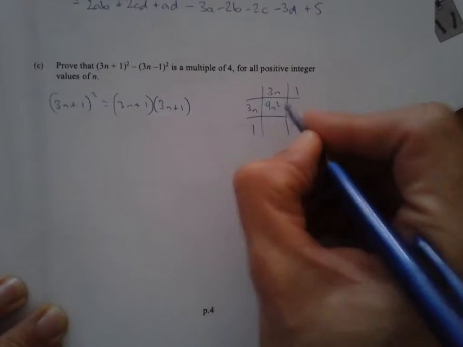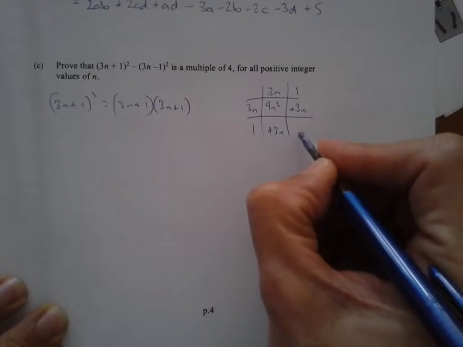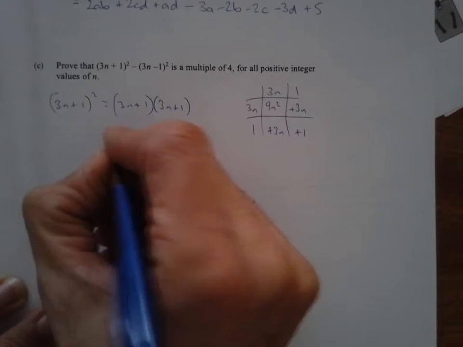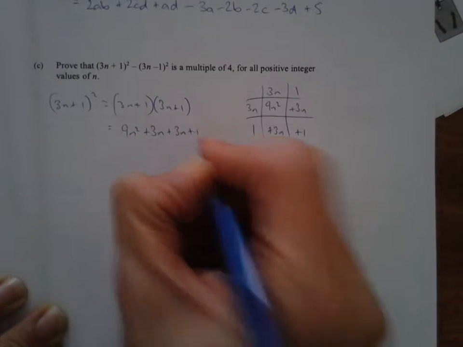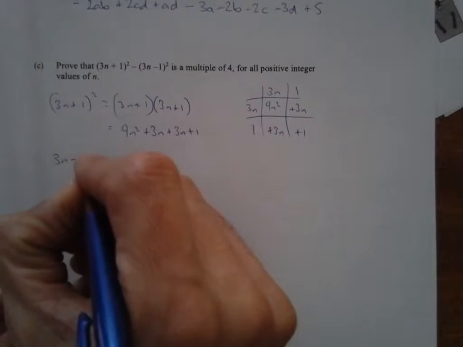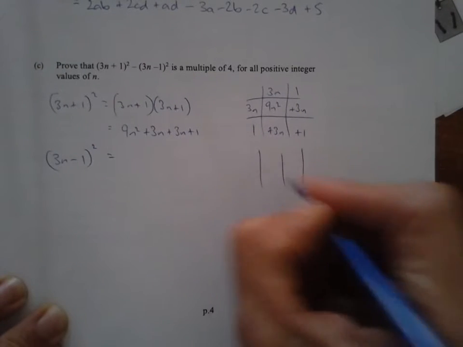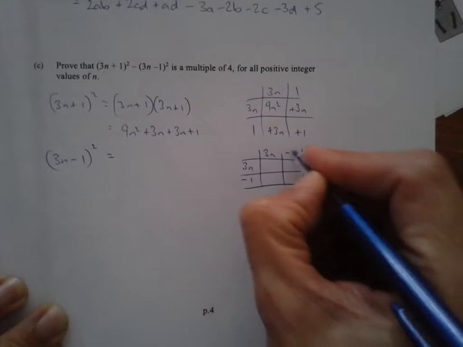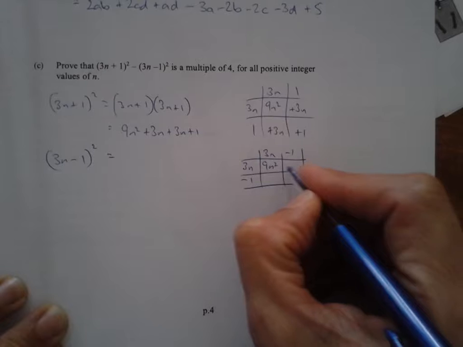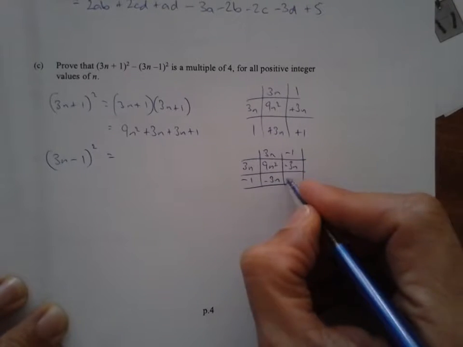That's 9n squared plus 3n plus 3n plus 1. And then (3n − 1) all squared is 9n squared minus 3n minus 3n plus 1.